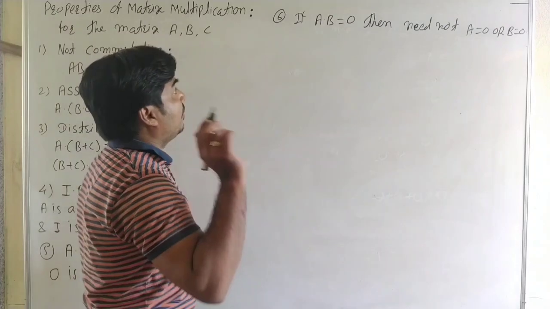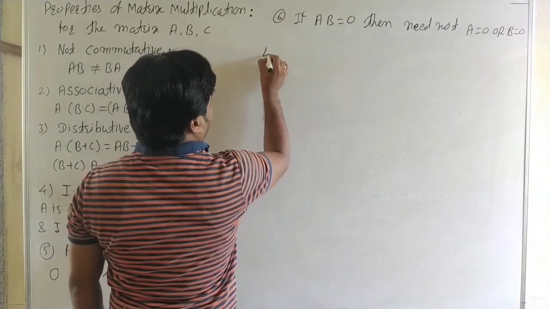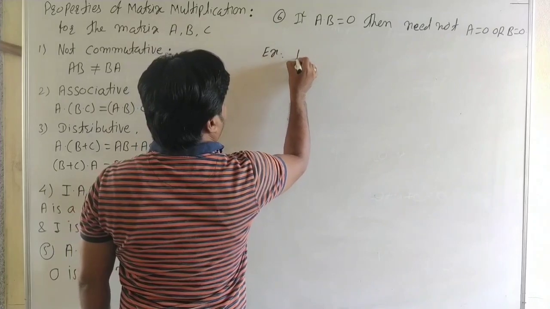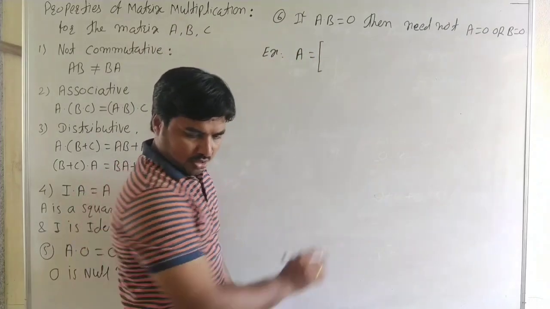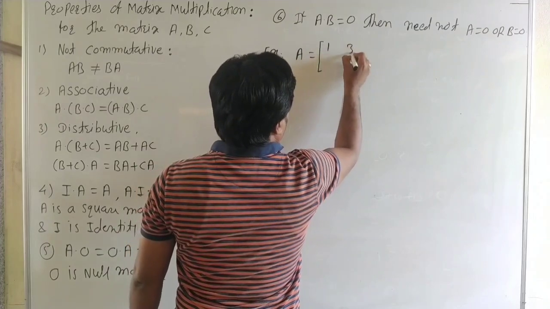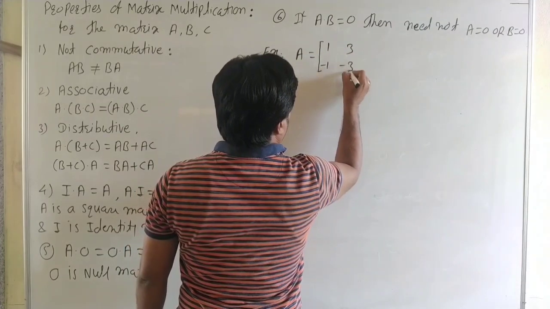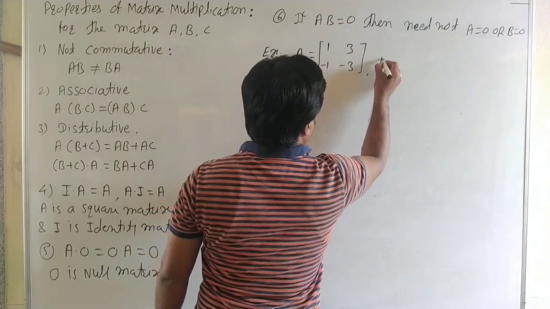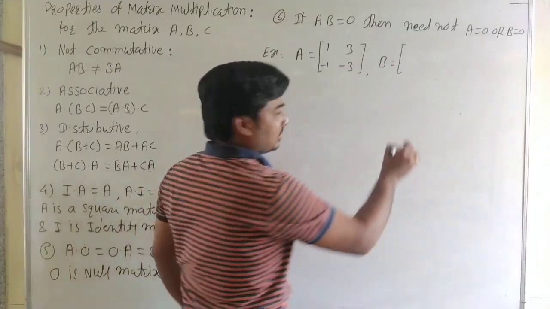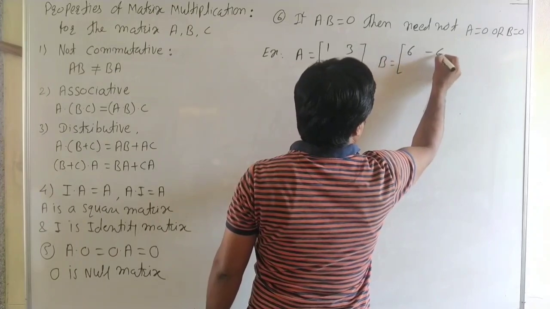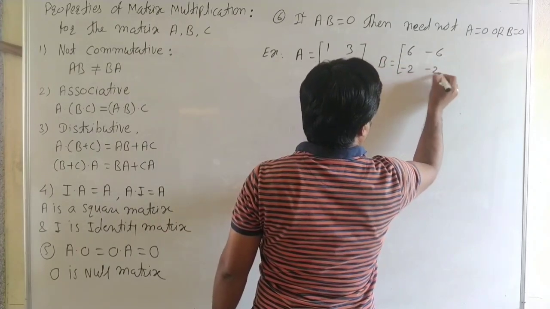Now we take one example here. We take A is equal to [1, 3; -1, -3], and B is equal to [6, -6; -2, 2].